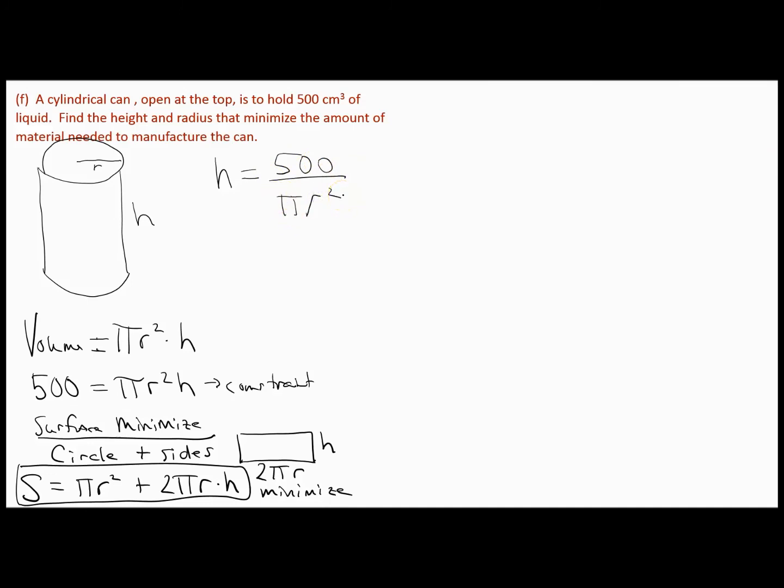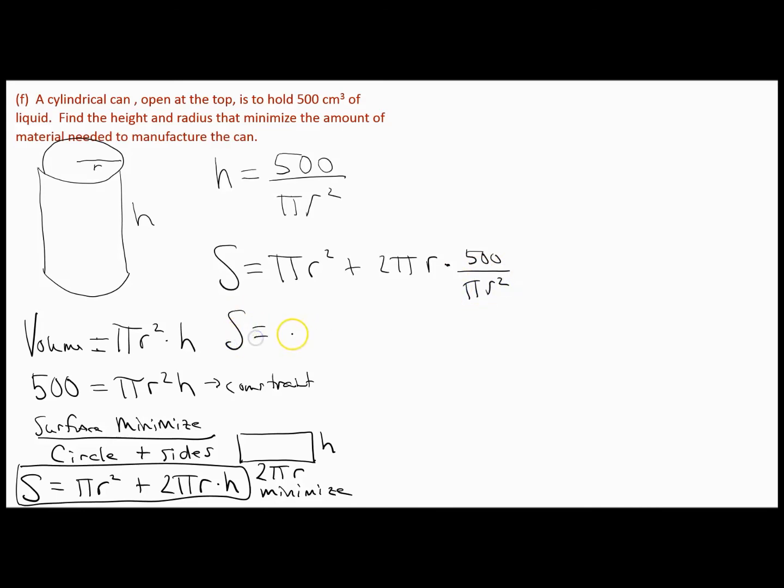And again, what am I going to do with that? I'm going to substitute the h down here with that value that came from this constraint equation. So now I have S is equal to pi r squared plus 2 pi r times my new h, which is 500 over pi r squared.